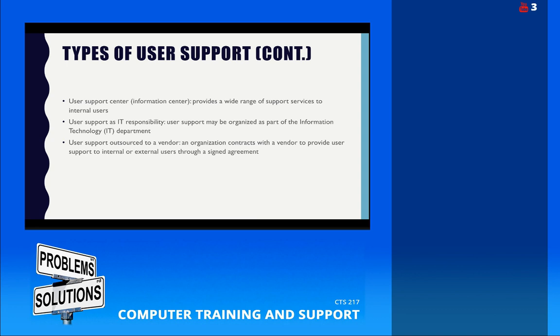A couple other things. A user support center provides a wide range of support services to internal users. So oftentimes, for internal users, you might have a big place set up where a user can come in, get support on equipment, have special equipment that they can use, have people that can walk them through how to use that special equipment, all sorts of different types of services in this one place.